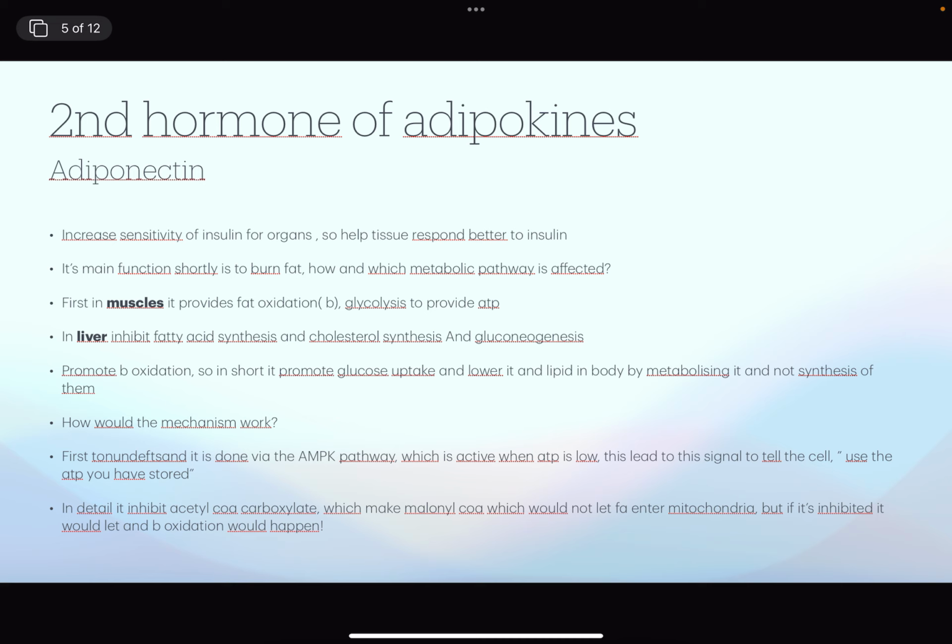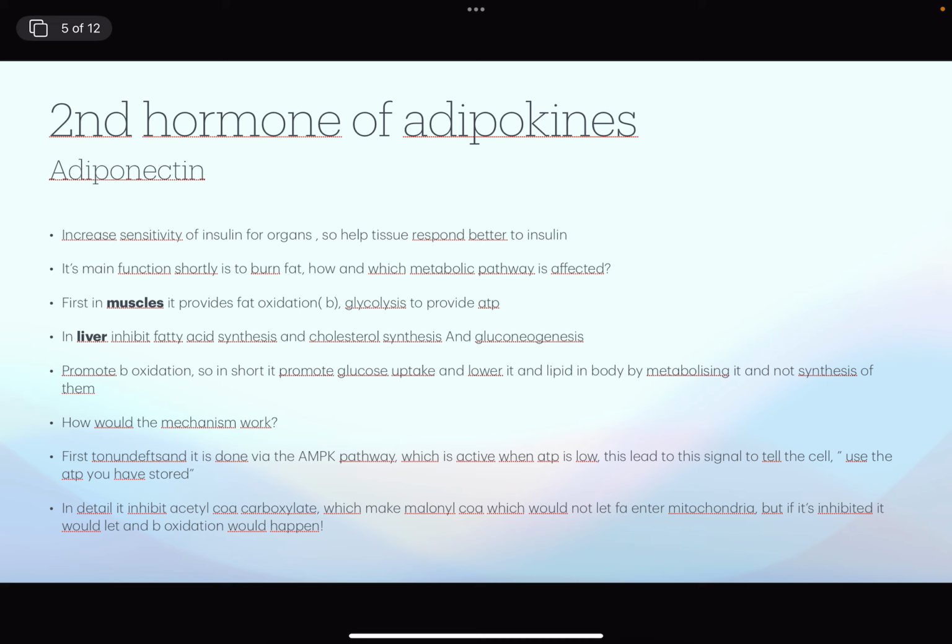And which metabolic pathways would be affected by this adiponectin? First, in the muscle, it would promote beta oxidation and glycolysis to provide ATP, so to produce energy. But in the liver, it would inhibit fatty acid synthesis, cholesterol synthesis, and gluconeogenesis.